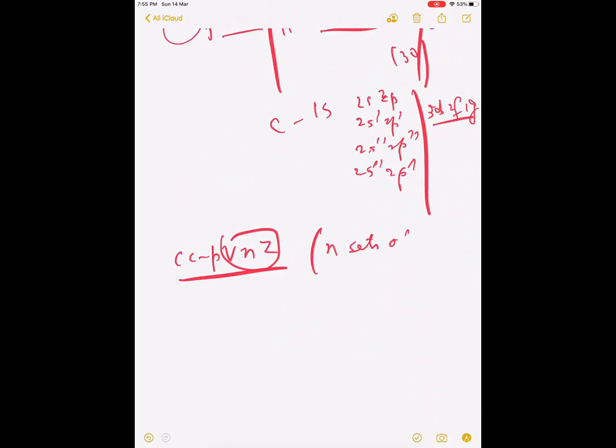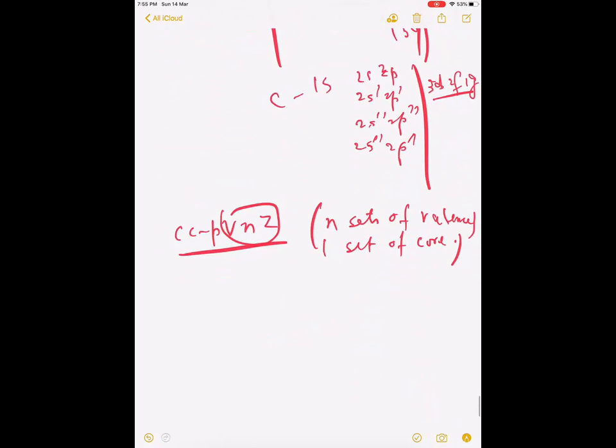That is no problem. And of course, N sets of valence, and of course, one set of core. Core is not changing at all. But then in addition to this, I will have N-1 sets of angular momentum polarization functions higher than the valence. N-1.